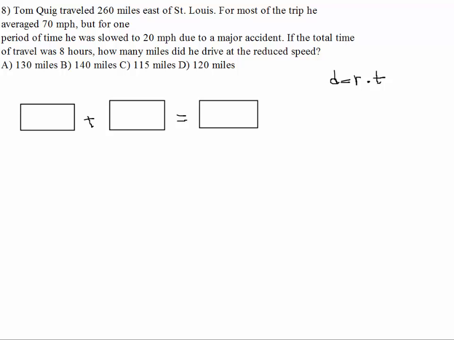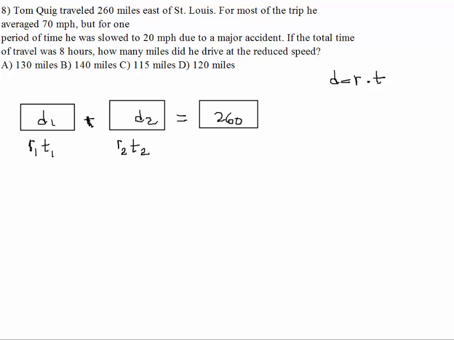So for some part of the trip, the rate, we're going to call it R1, times T1. And for the other part of the trip, the rate changes. We're going to call it R2 times T2. That would be the distance that we cover, D1 and D2. And this total distance should add up to 260.